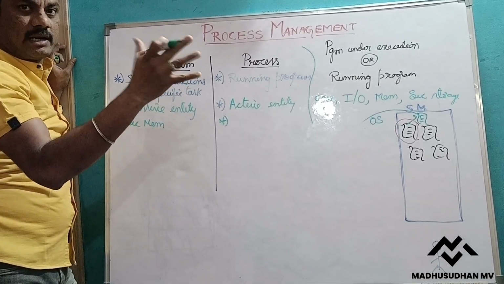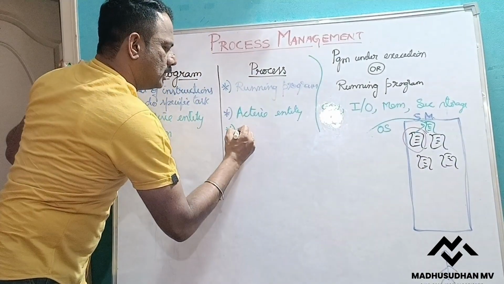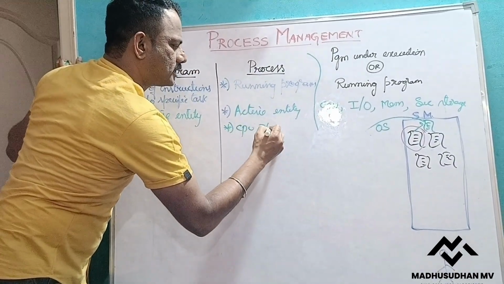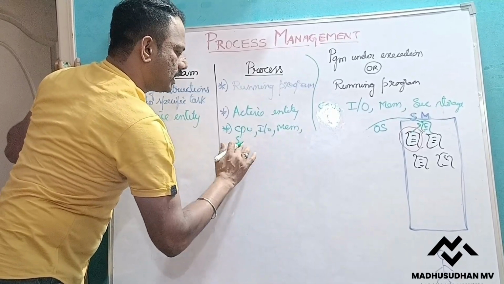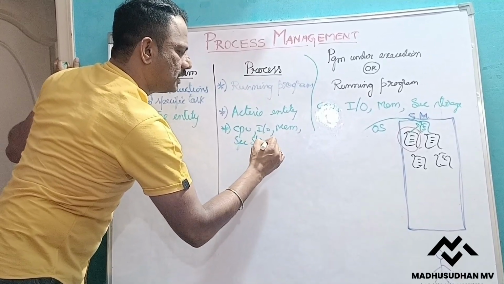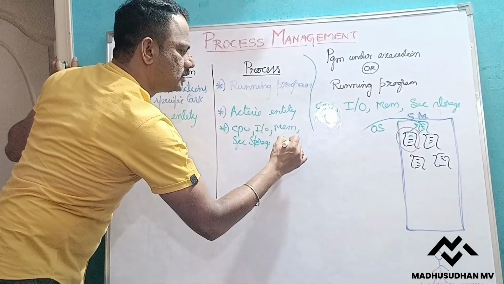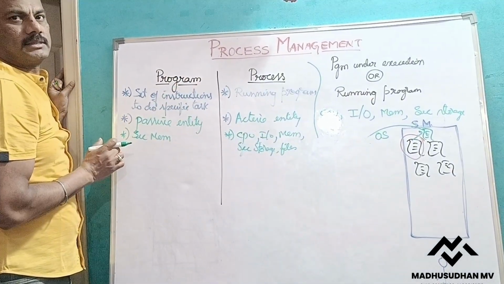That's it. It doesn't require any other resources. Whereas a process requires all these resources: CPU, IO devices, memory space, secondary storage space, and some files to execute. So all these resources are required by the process.